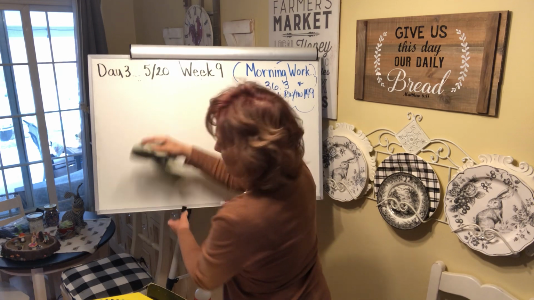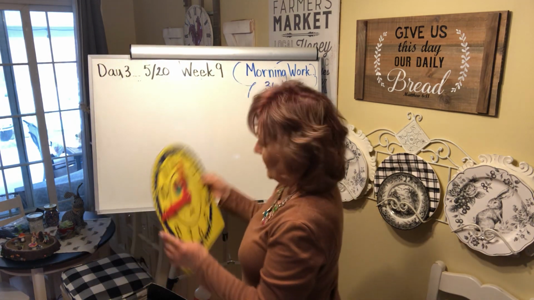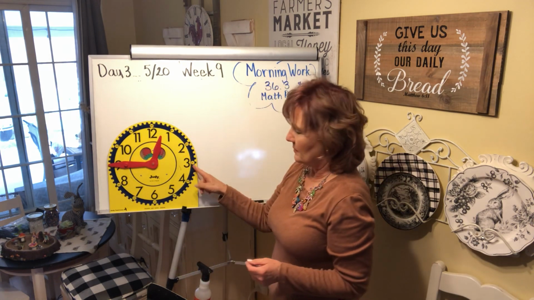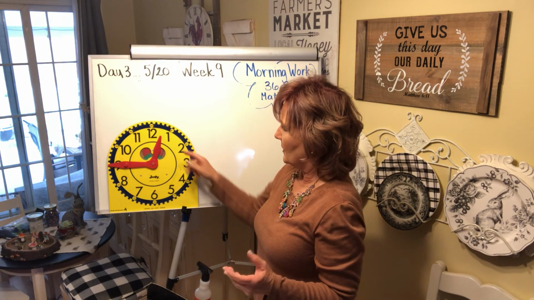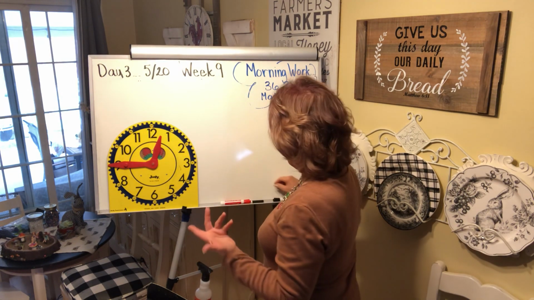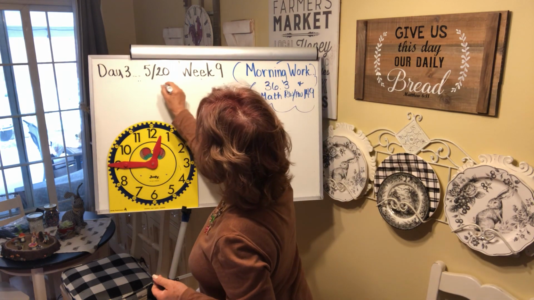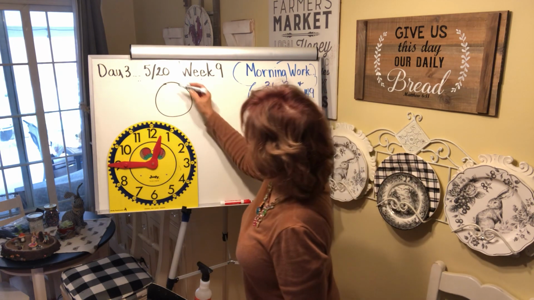Alrighty, so we're still dealing with time. It looks like we're dealing with time to the quarter hour or the 15 minutes, right? That would be when the minute hand's on the 3. Well, remember our fractions? Let's take this circle, pretend it's a clock.